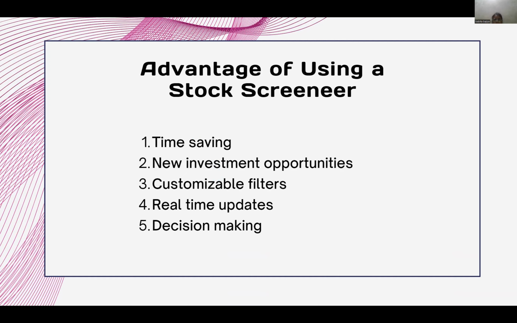A stock screener offers a wide range of customizable filters like price to earning ratio, market capitalization, etc. Fourth one is real-time updates. The real-time updates include stock price, volume, company news and other relevant financial metrics. Fifth one is decision making. A stock screener helps in making a decision. This tells which stock is good to invest in.